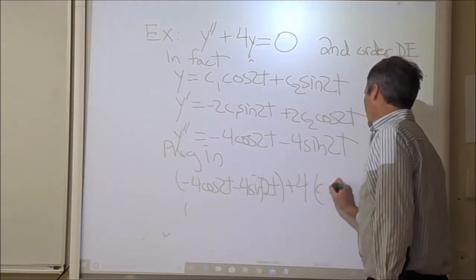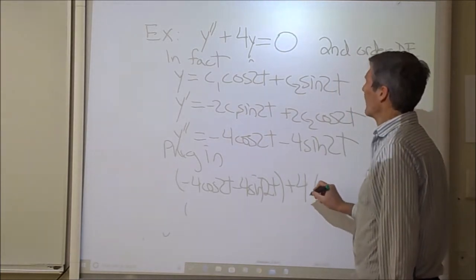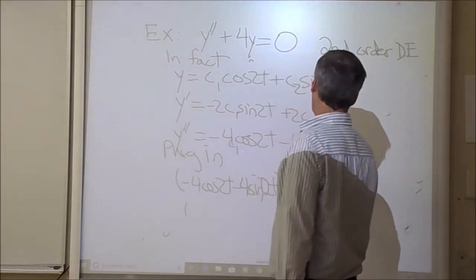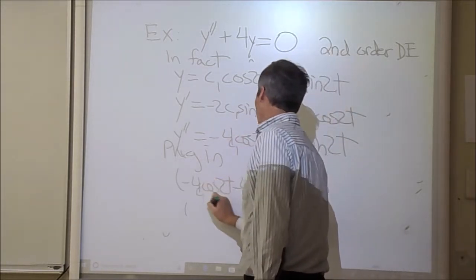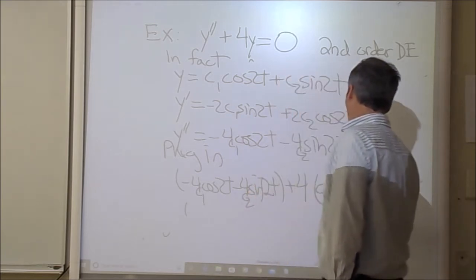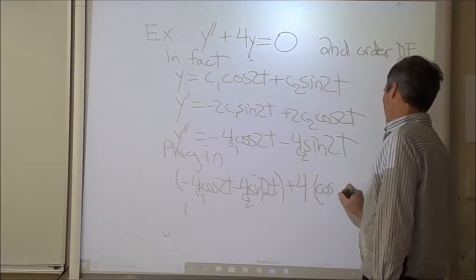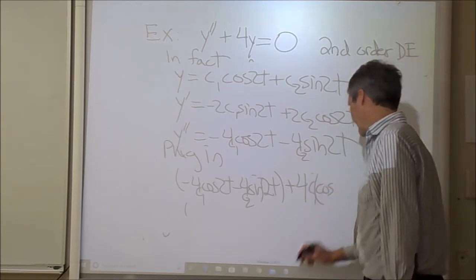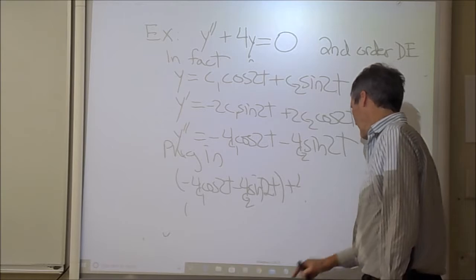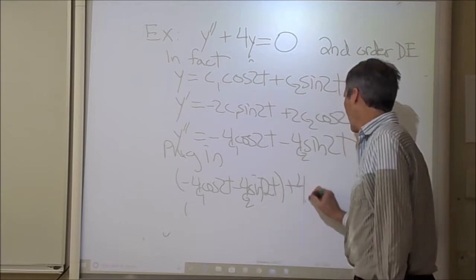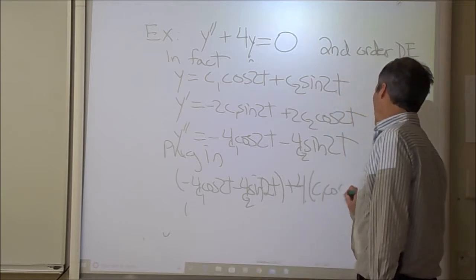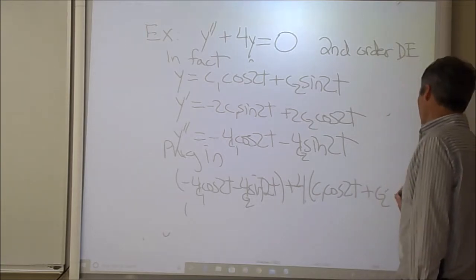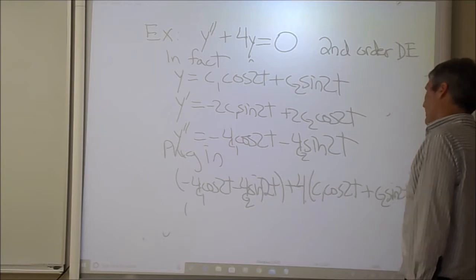Which is cosine, I forgot my c1 and c2, plus 4 times c1 cosine 2t plus c2 sine 2t, and you see that these all cancel out.